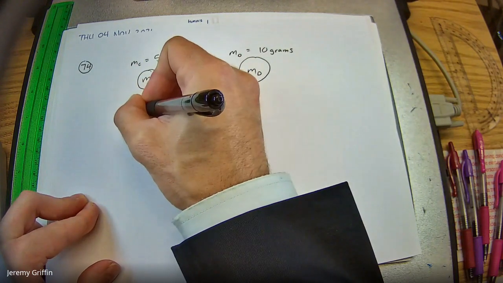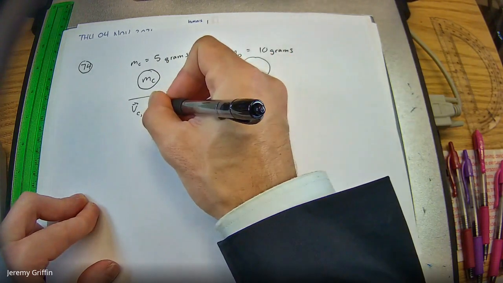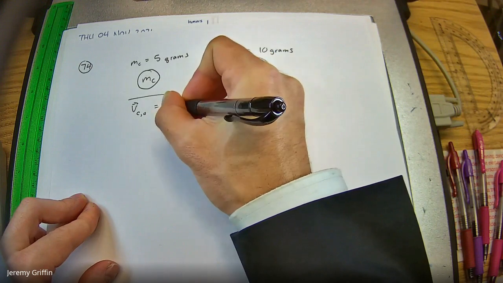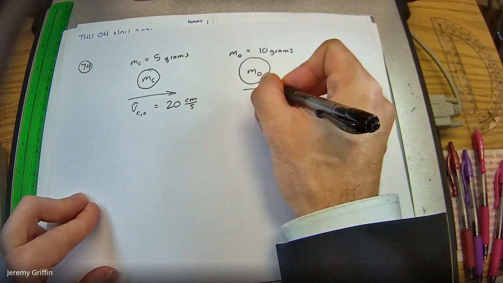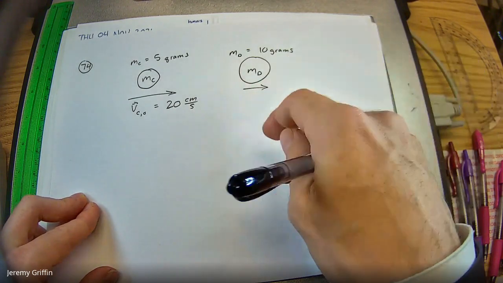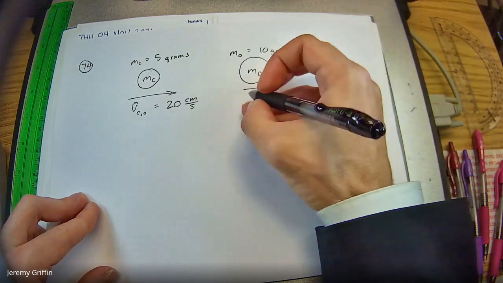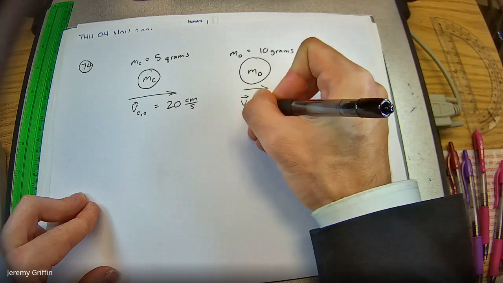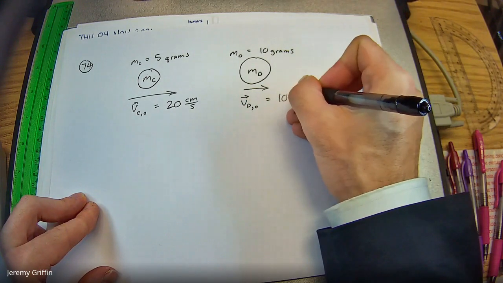The velocity of marble C initial, and by initial I mean pre-collision, was given as 20 centimeters per second. Notice they're using grams and centimeters in this question, but you guys did that too with those collision carts, doing elastic and inelastic collisions in both cases using centimeters and grams. The velocity of marble D initial was given as 10 centimeters per second.